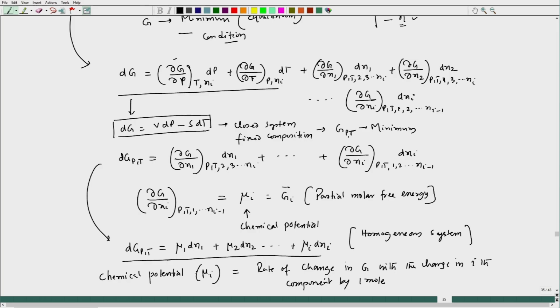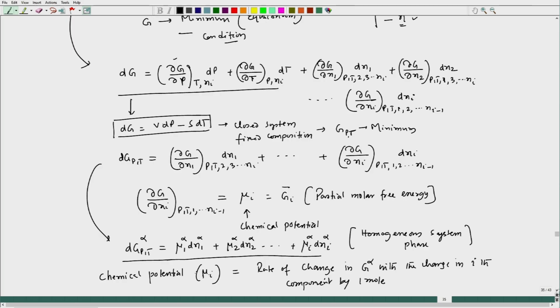So, this is a homogeneous system, or I can say homogeneous phase. Now this is for a phase, let us say alpha. So, correspondingly everything would be for alpha, that is for the homogeneous phase. And this chemical potential is the rate of change of G of alpha, that is the alpha phase, with the change in the ith component by 1 mole.